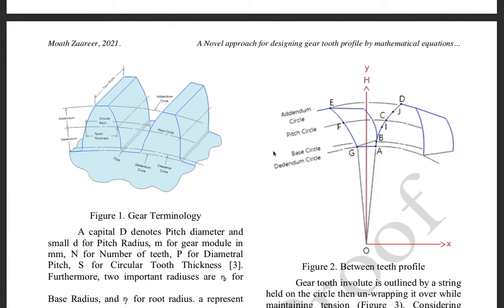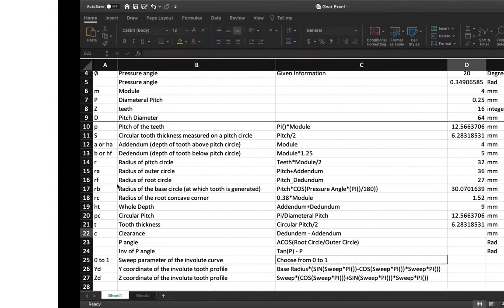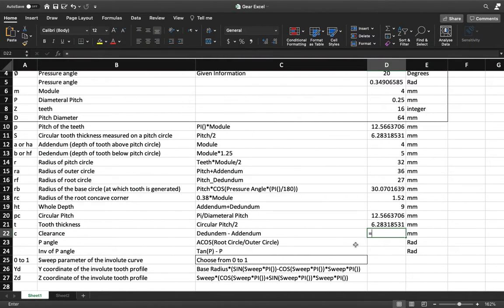Clearance is here, clear circle is dedendum minus addendum. P angle. P angle is for the pitch circle angle.